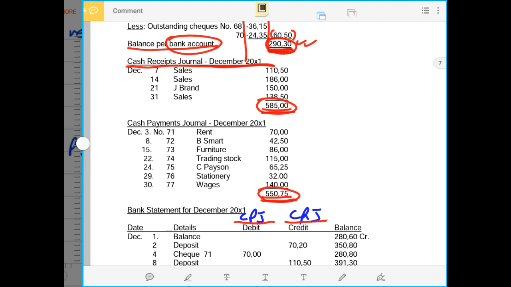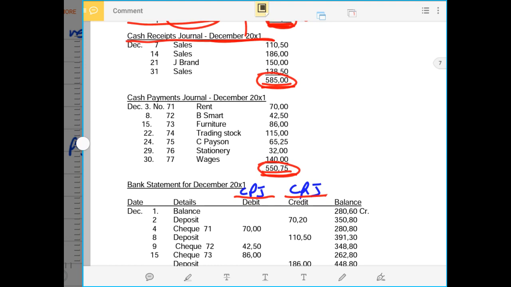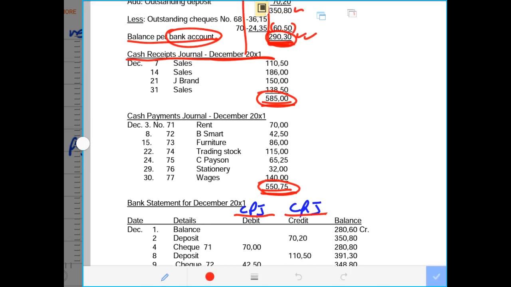Take note, I am comparing receipts with the credit side of the bank statement. So I start by looking at the receipts, then I compare the amount with the credit side of the bank statement. In the cash receipt journal, we can see the first amount is 110, and we do have 110 on the credit side of the bank statement.